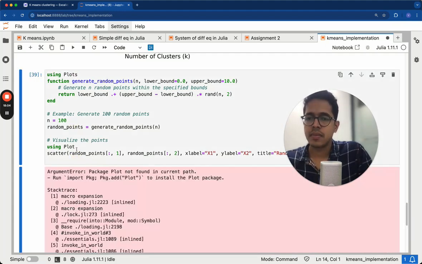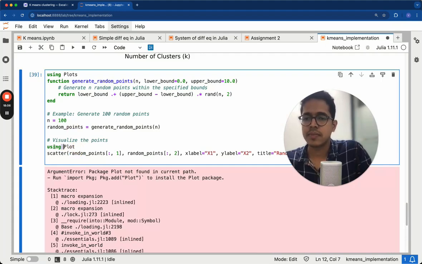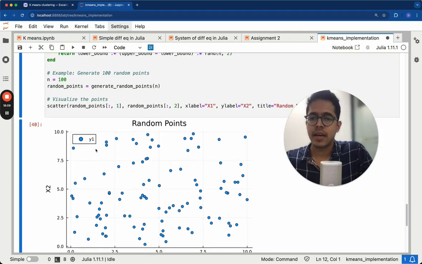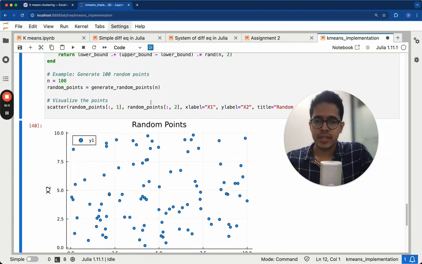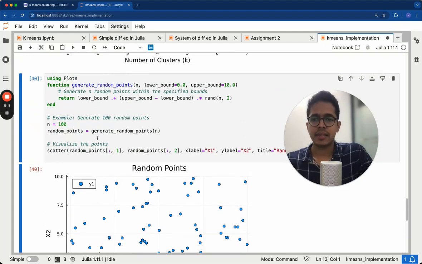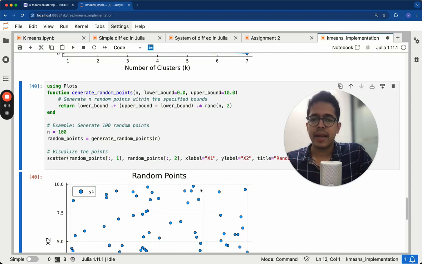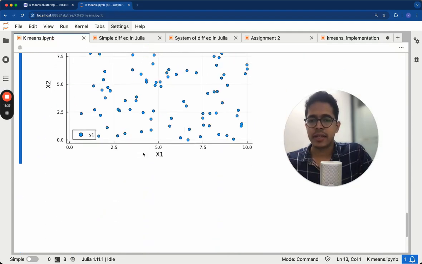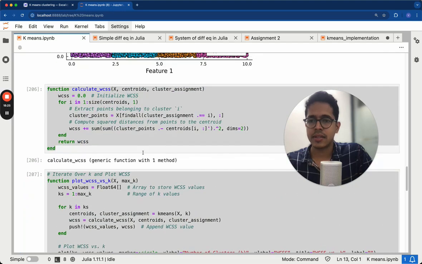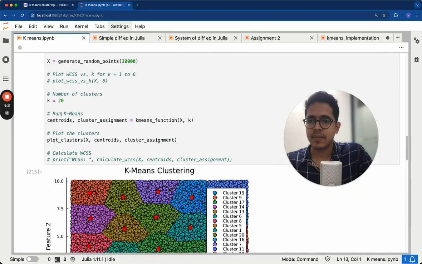So these are 100 random points that I am generating as the input X, and we can define these random points as the input X.